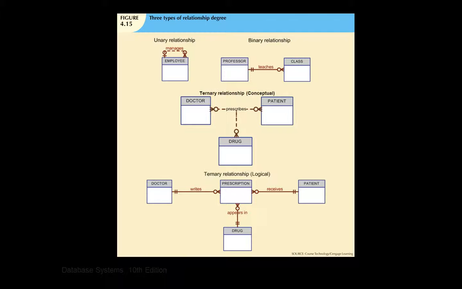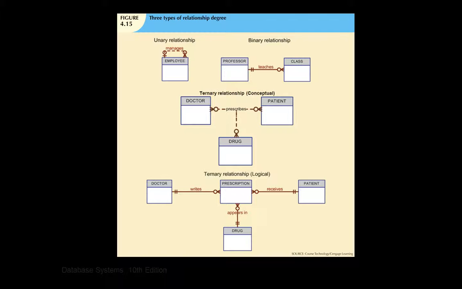Now, as we look at developing this ER diagram for our overall database, there are three relationships that we want to look at. Unary relationships, please don't get this wrong, like one of my classes did in front of a customer and refer to it as a urinary chart. It's a unary relationship. That's where a table relates to itself.